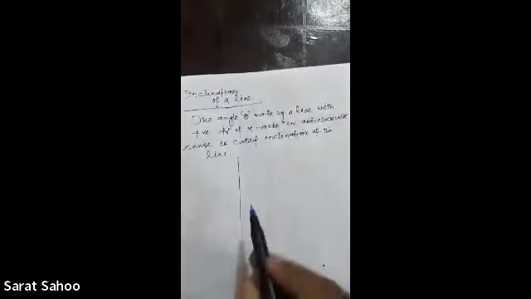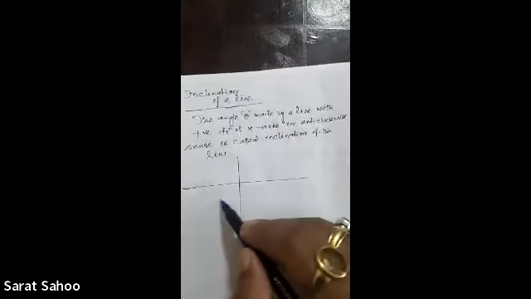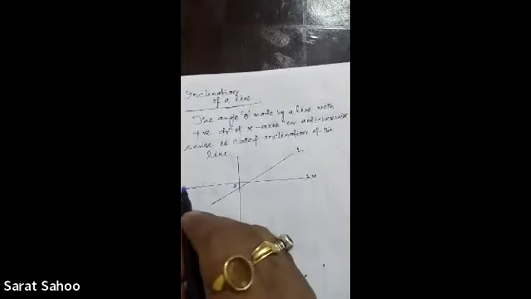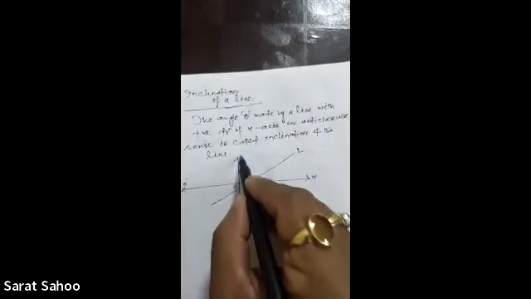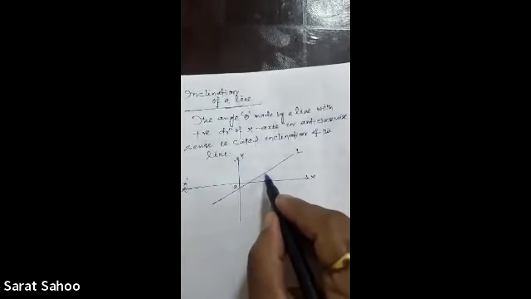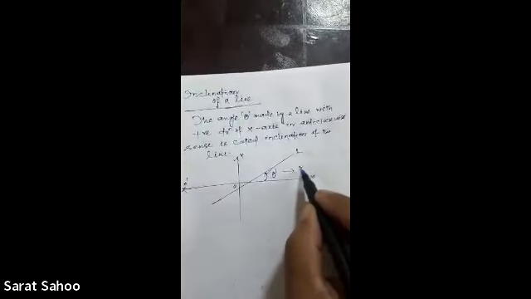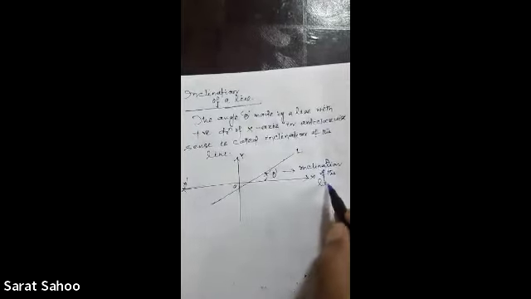Suppose this is your coordinate system. There is a line L. This angle theta is the inclination of the line. And then a note point.